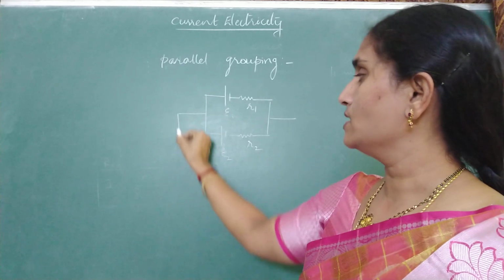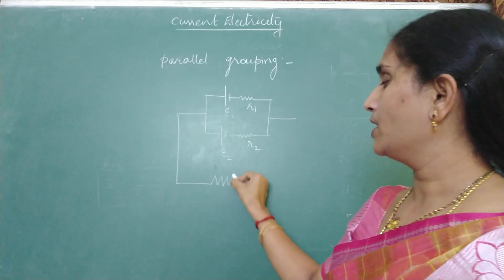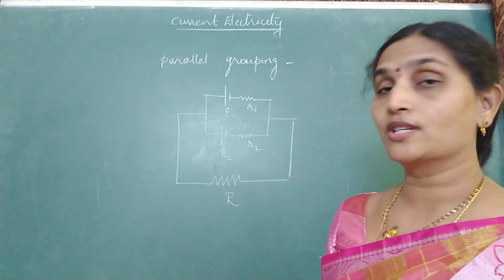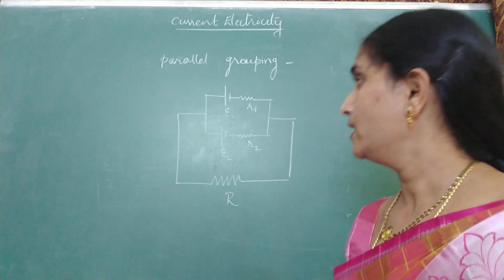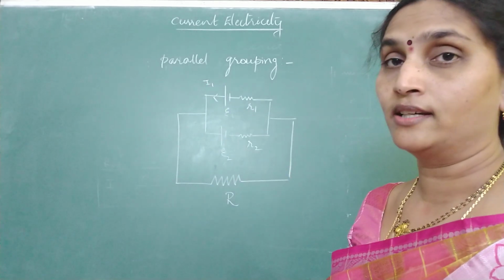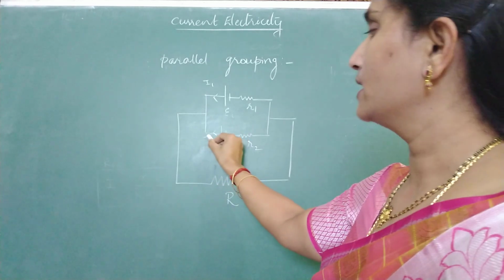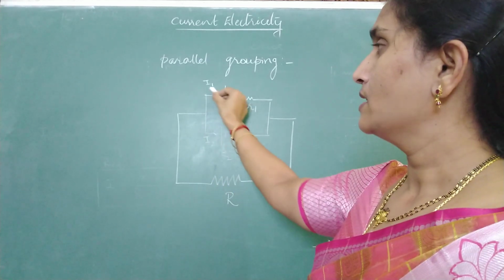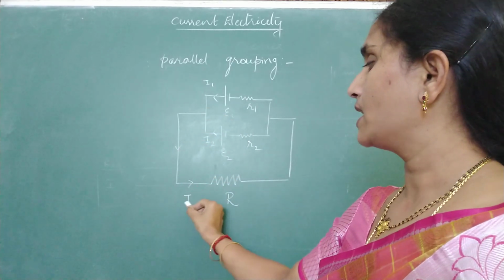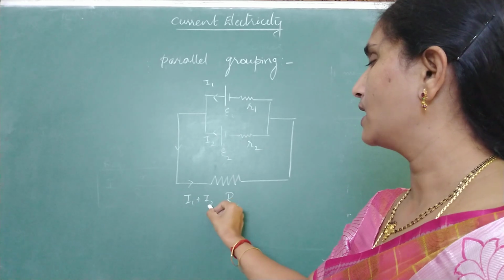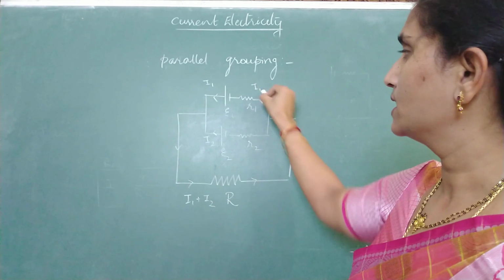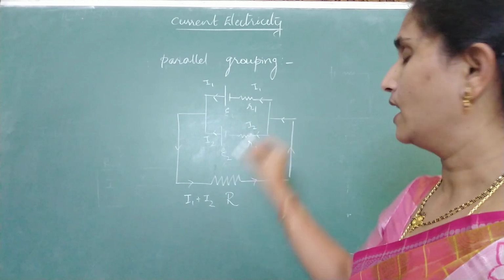The combination of these two, we are going to connect to an external resistor whose resistance is capital R. Now let us assume that the first cell is going to send a current I1 and the second is delivering a current I2. So I1 and I2 together become I1 plus I2, and again they redistribute as I1 and I2.